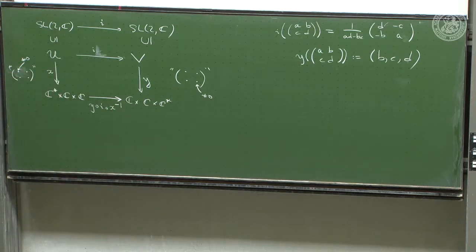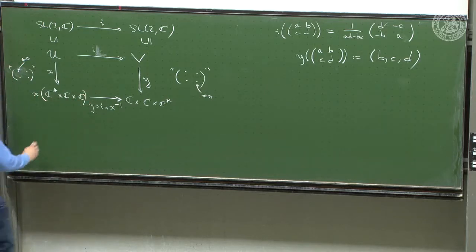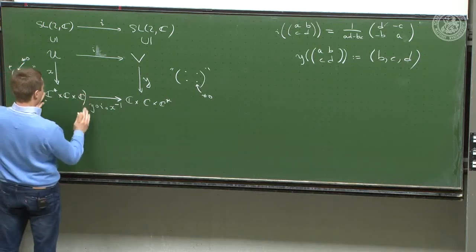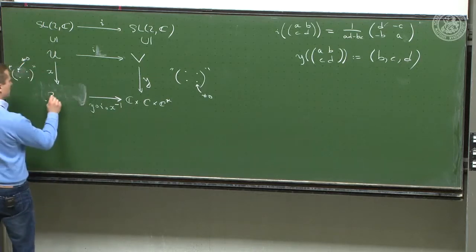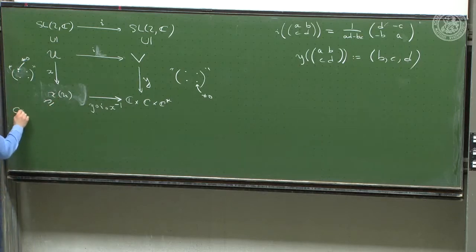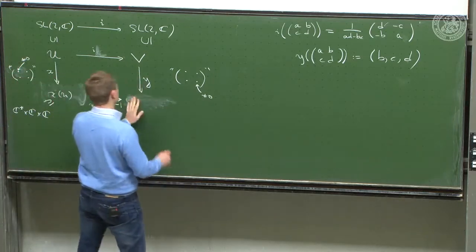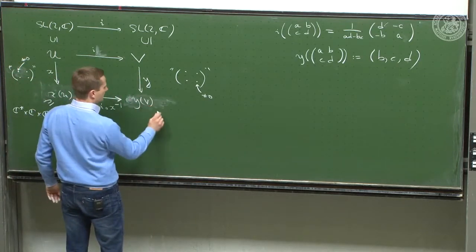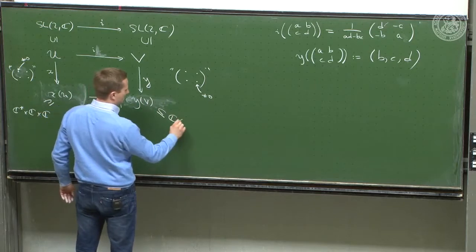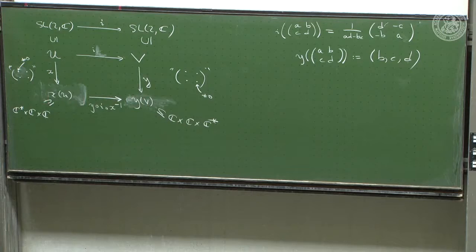Okay. Well, strictly speaking, this of course only goes to the image X of U, which lies in C star by construction. It lies here. And this goes to Y of V, and that is just part of C, C, C star. That's the situation, right?